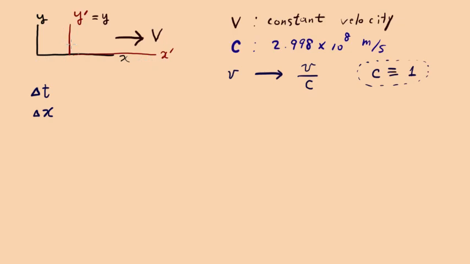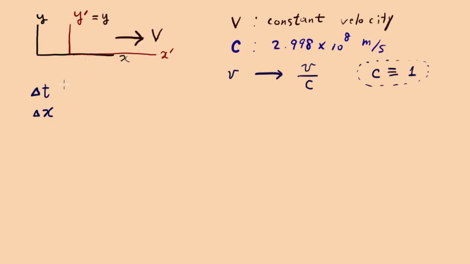And the reason for that is because of this construction of these two coordinate systems. V is parallel to the x-axis, so the y and z axes are not going to be different between the two systems. They're going to be the same. So we are concerned about transformations of x and t of this inertial reference frame, and x prime and t prime of this primed inertial reference frame.